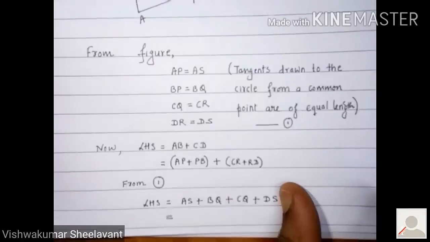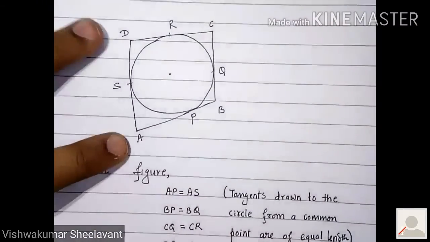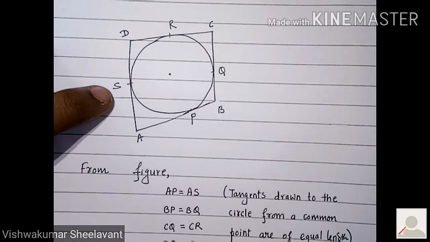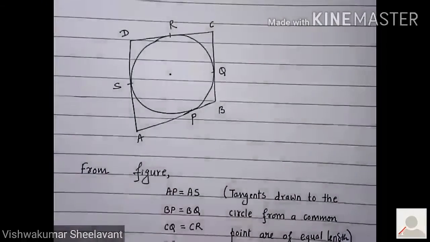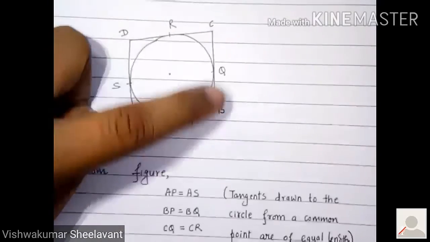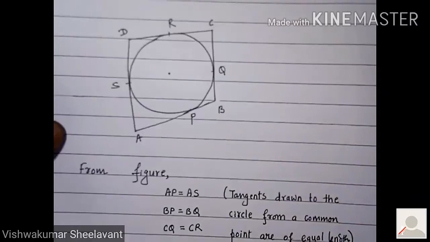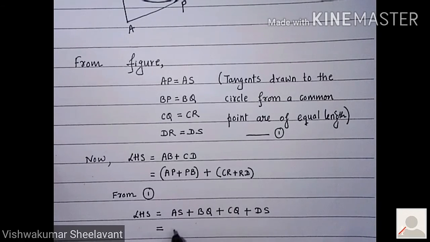If you look at the figure, AD is equal to AS plus DS, or AS plus SD. And what is BC? BC is BQ plus QC. Do we have these terms here? Let us see. AS and DS we are having.